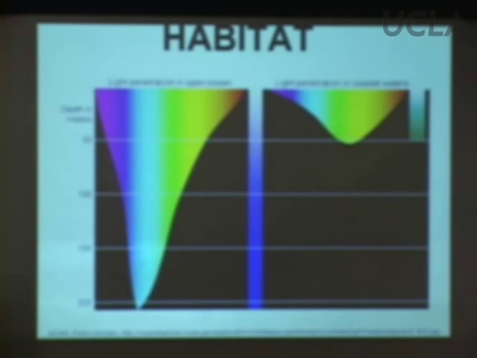And any of you who have actually been scuba diving or even snorkeling, you've probably experienced this. When you're looking down into the water, when you get below even a few meters depth, everything kind of takes on this bluish color. That's because blue light is the only light that's actually penetrating that far below the surface.